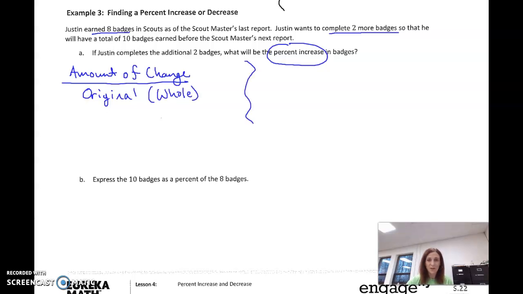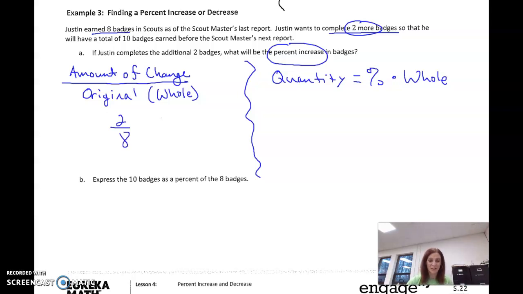And then I want to show what if we use our equation we've been using, okay? So if we take the amount of change, well, it's changing 2. He wants 2 more. What's our original? Our original is what he has. It's the whole, it's 8. And if you go 2 divided by 8, you get 0.25. You make that into a percent, and it's 25%.